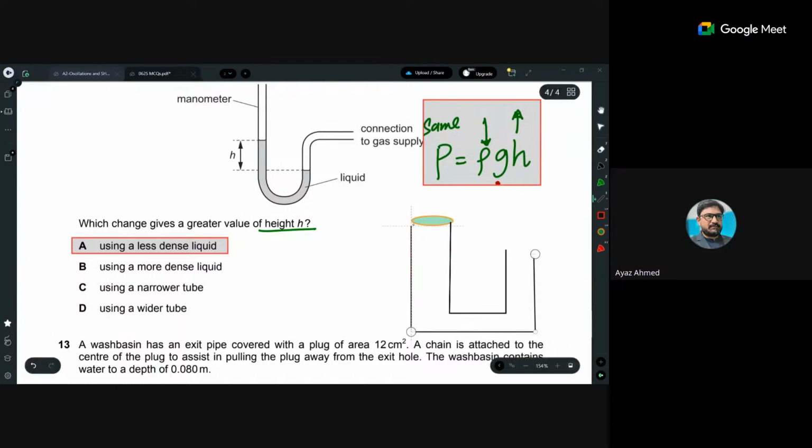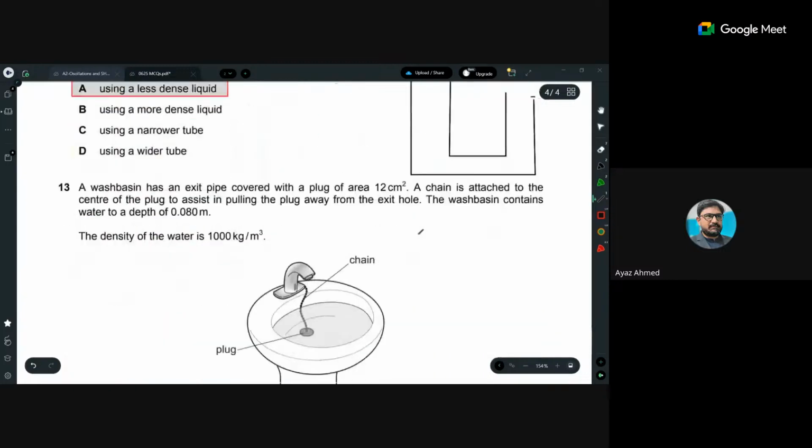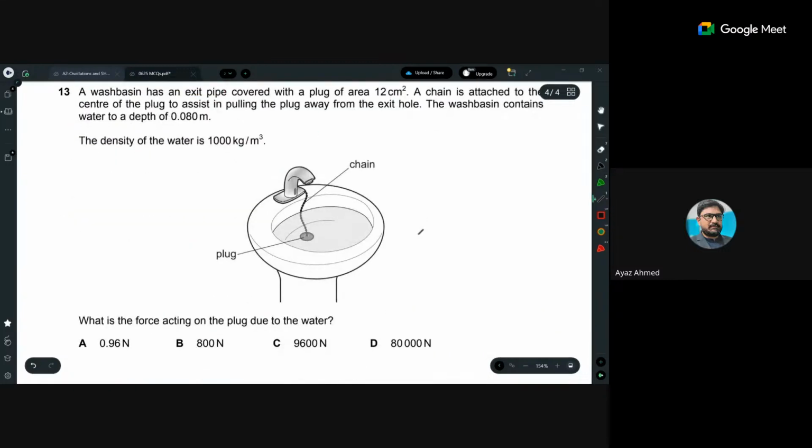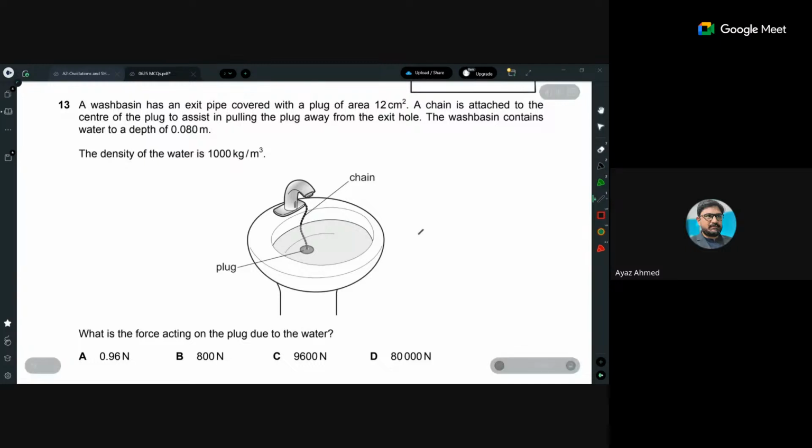The next and last question is the plumber question that you mentioned. A wash basin has an exit pipe covered with a plug of area 12 square centimeter. This is the area of the plug. A chain is attached to it for pulling the plug away from the exit hole.